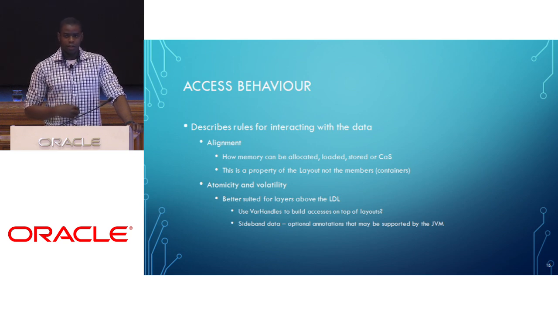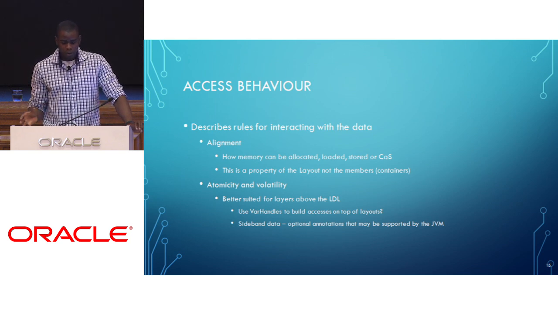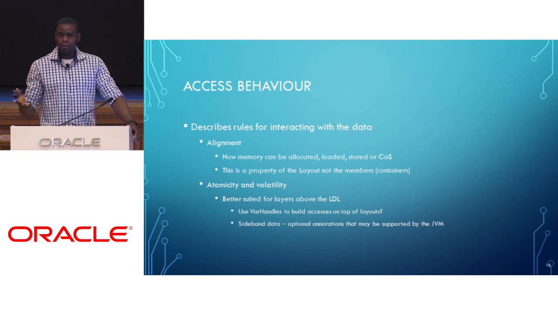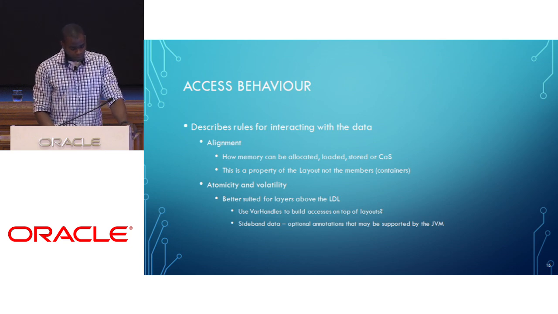We feel like this is something that should be conveyed in the LDL. I think it's a property of the layout and not the members, which means that it will let you overalign in cases like compressed objects, or it'll let you underalign with things like packed objects.